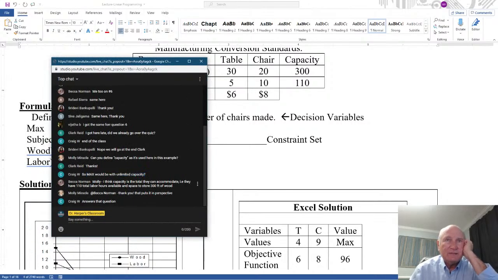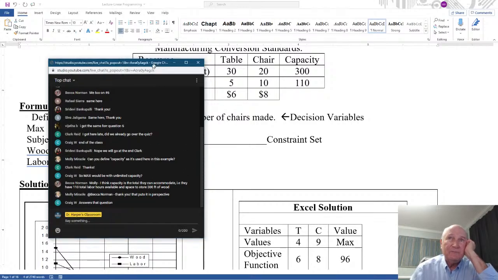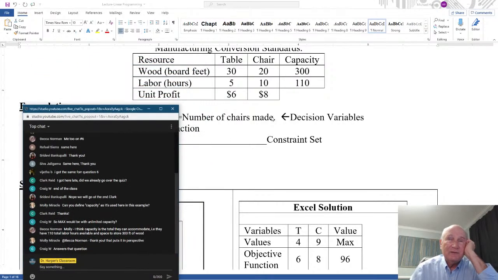Okay, I think capacity is a total they can accommodate. They have 110 total available in space to store 300 board feet of wood. No, they only have 300 board feet of wood to make the tables and chairs. They might have enough space for 1,000 board feet of wood. They only have 300 for this next production run.